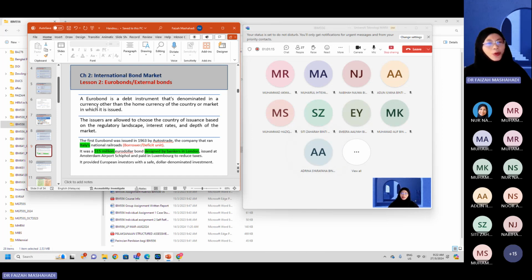Can you please illustrate if Proton issues an international bond? What will be the situation?